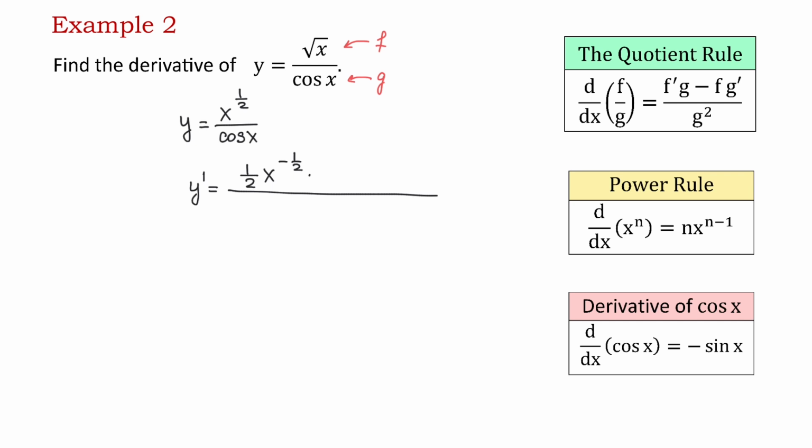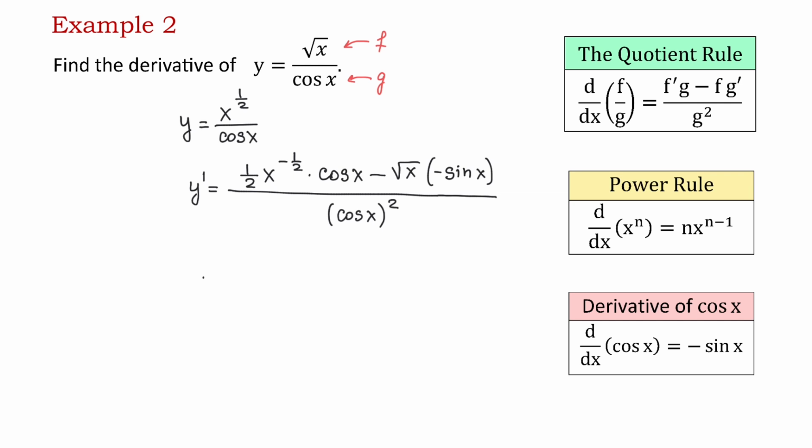Then we will multiply this by the g function, which is cosine of x minus, and now we need the numerator as it is, and we can write it as square root of x, and multiply by the derivative of cosine of x, which is negative sine of x. So we will have times negative sine of x. And now in the denominator we need g squared, and that is cosine of x squared.